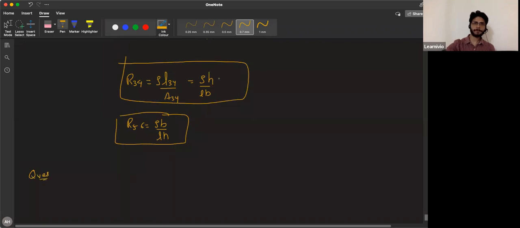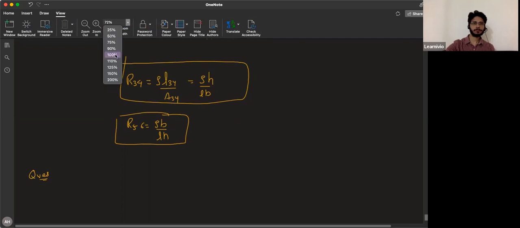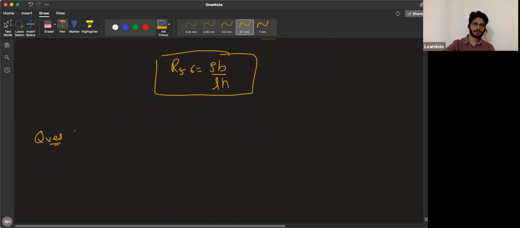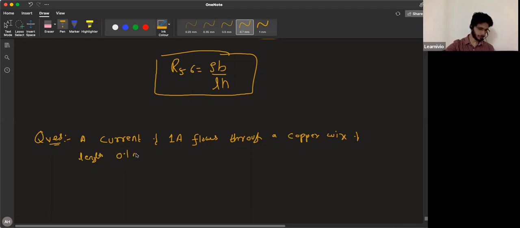So the next numerical: a current of 1 ampere flows through a copper wire of length 0.1 meter and cross section 10 raised to the power minus 6 meters square.